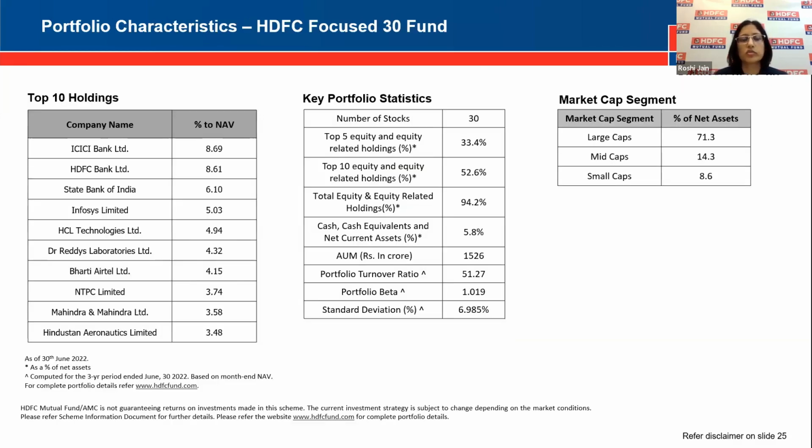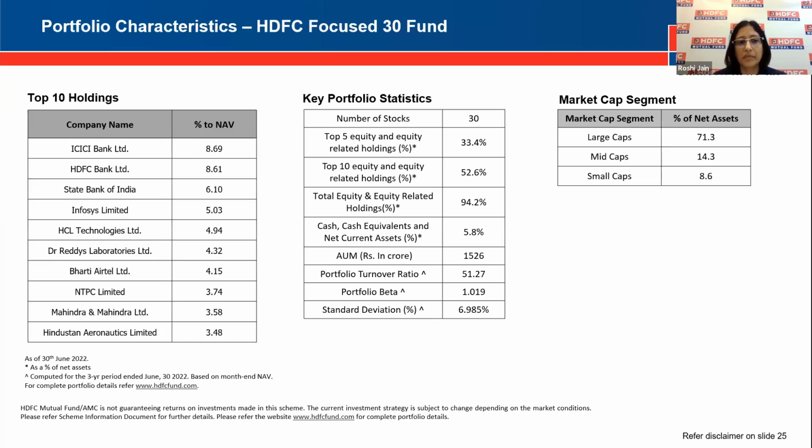Let me switch to the top 10. The key point I wanted to show here was clearly how you will see a good representation of sectors across the top 10. So you will find cyclical sectors like banking, manufacturing, auto, but you will also find defensive sectors like utilities, like pharma.